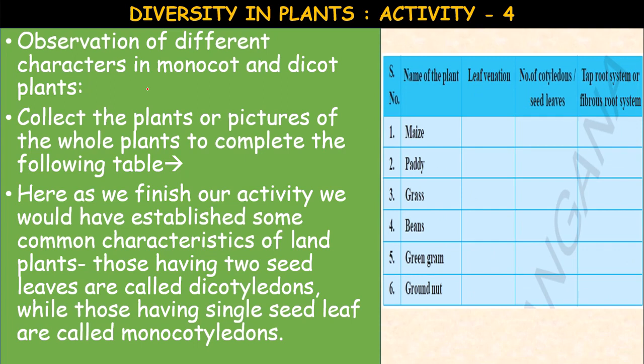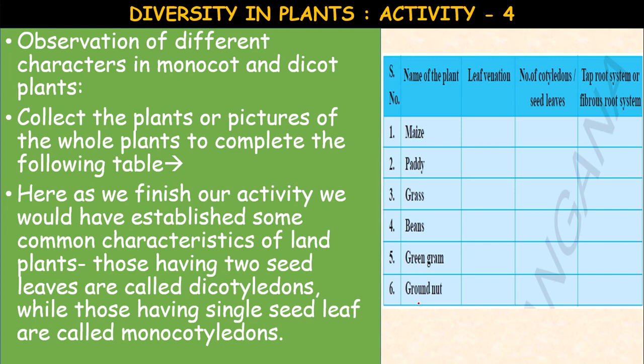That is the 6 different plants: maize, paddy, grass, beans, green gram, groundnut. So you collect these plants, either pictures or the whole plant, to complete this activity.